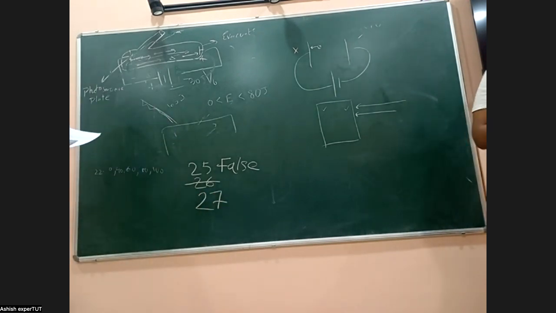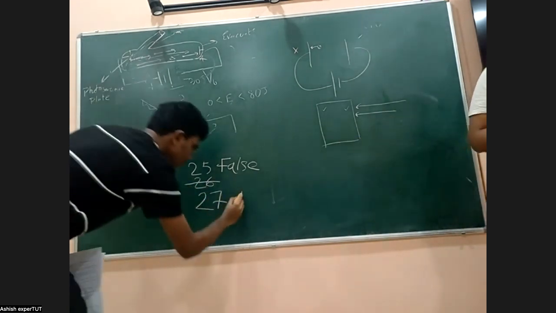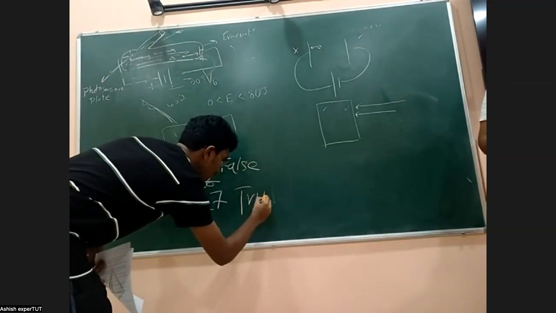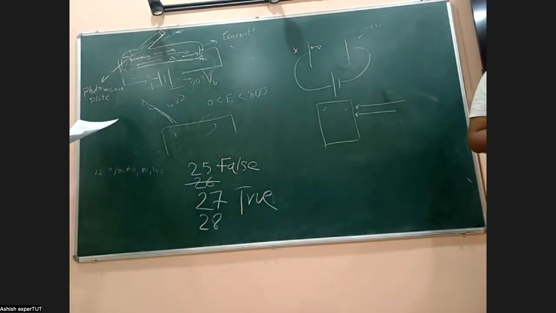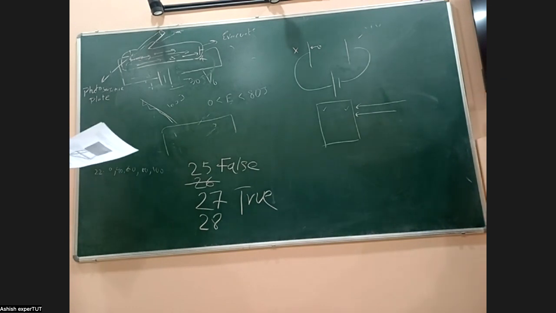If we increase the brightness of incident radiation, the incident intensity increases. That's the next one. Incident intensity is literally number of photons. Okay, number of photons or brightness. If we increase the brightness of incident radiation, the number of incident photons increases. True.